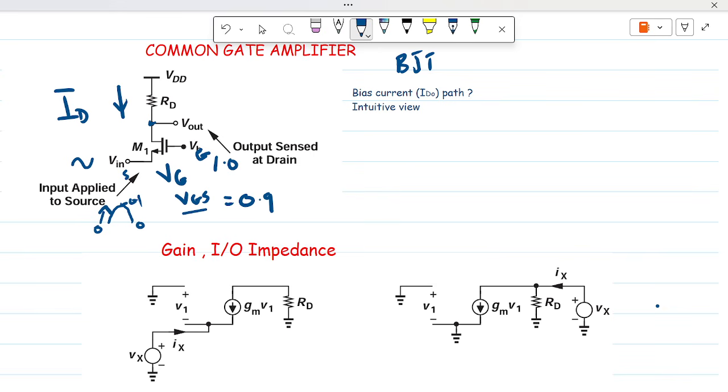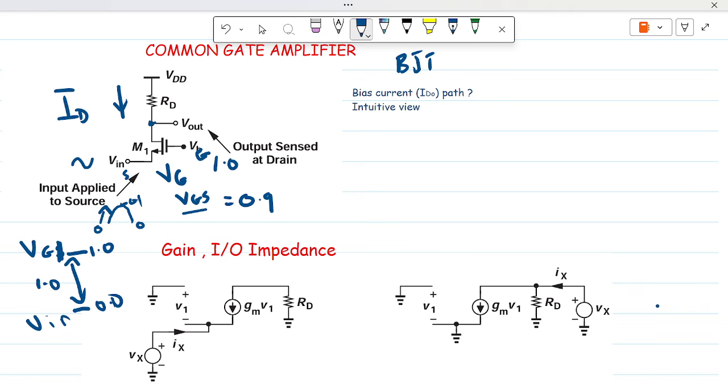So you have the VGS at a particular potential, then the source voltage is raised. Before the source voltage came in as the input signal, the VGS, which is the difference between the gate and the source, was 1.0.